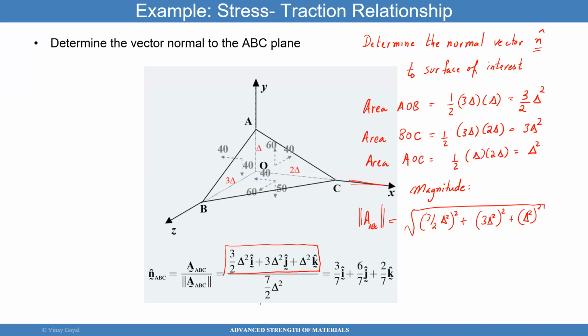That's what I calculated here. This gave me 7/2 delta squared, consistent with my book. Each of these components is shown here one by one, and when you do the calculation, you find that the normal to that surface is given by this vector.